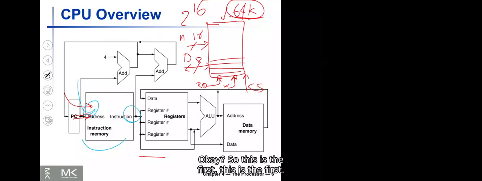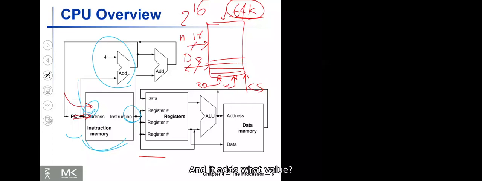So this is the first. This is the second element that we talked about. Now let's talk about this. This is an adder, and it adds what value? The value is 4. So it adds 4 to what? Program counter? To PC, yes.